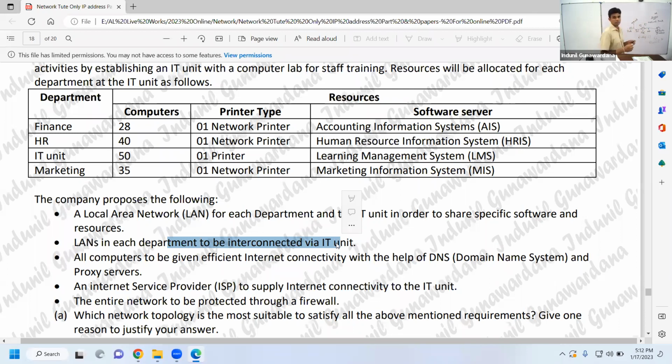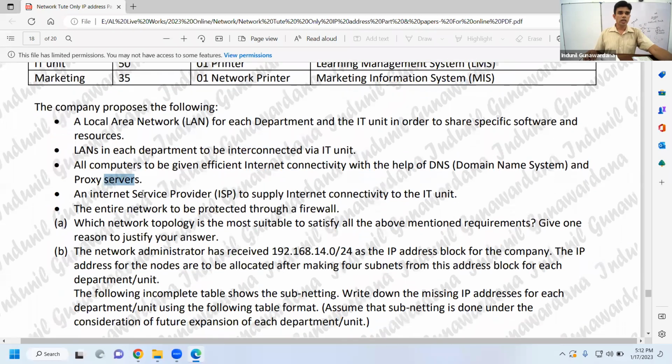That's what the connectivity is. All computers are given efficient interconnectivity with DNS and proxy. That's okay for us. An internet service provider supplies the connection to the IT unit. The entire network is to be protected through a firewall. Right. Then I ask which network topology is suitable. So whenever you hear this, you can just get an idea. This network is going to be now for that network printer. If you want this drawing, you can take it.